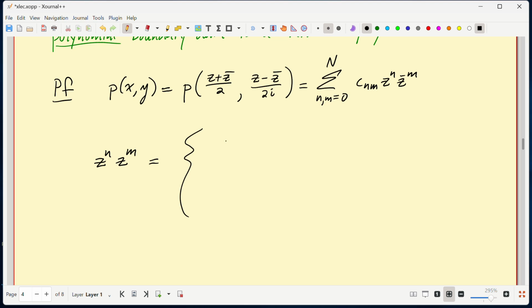If n is equal to m, that's equal to 1. So that would be equal to z to the 2n, which is equal to 1 on the unit circle if n equals m.